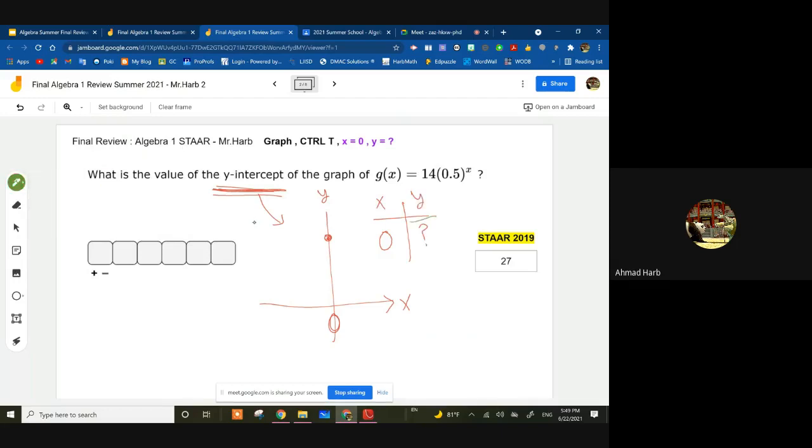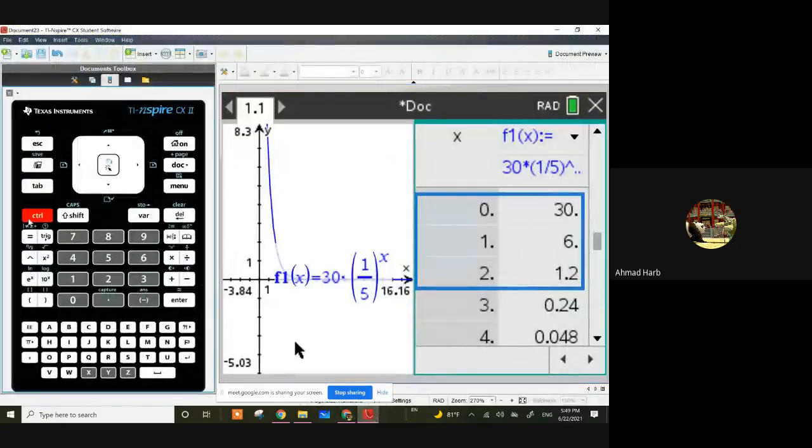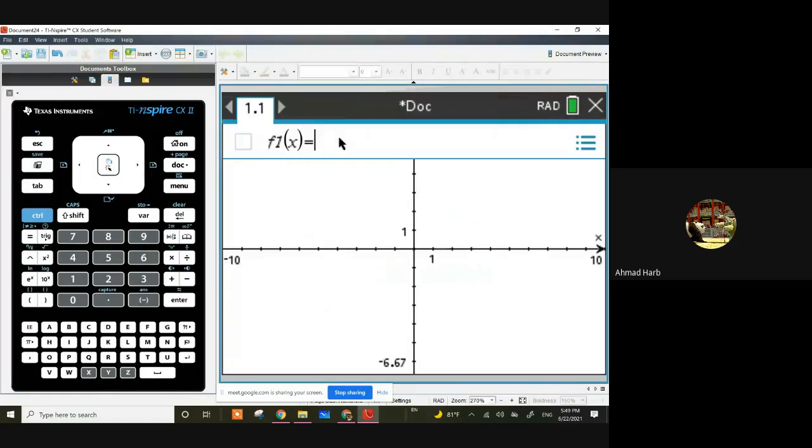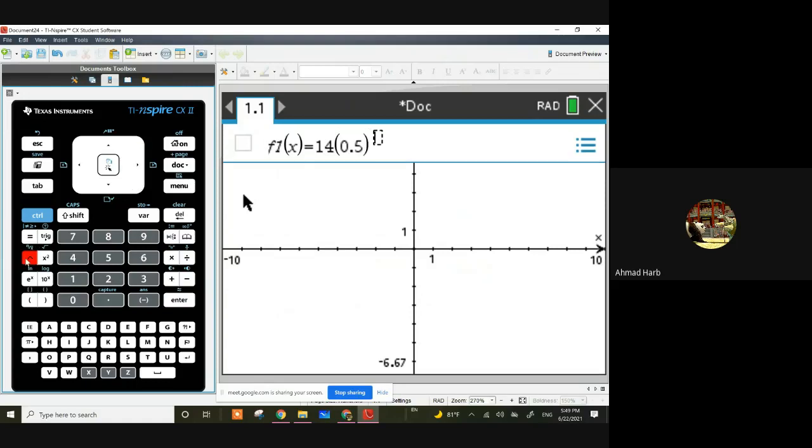Okay, so they might give you whatever function, and if they ask you about the y-intercept, all you do is look where the x is 0, and that will give you the answer. So let's graph this equation. Control N, 14, parentheses, 0.5, parentheses, 0.5, and don't forget the power of x. Because if you forget, it gives you a whole different answer.